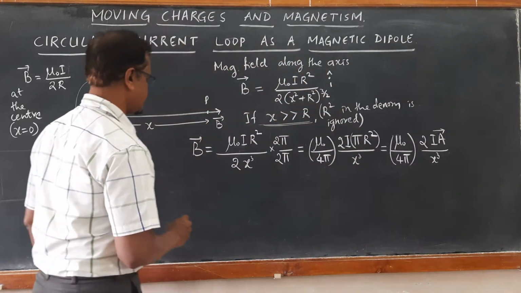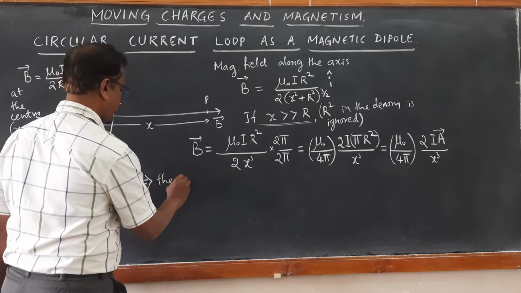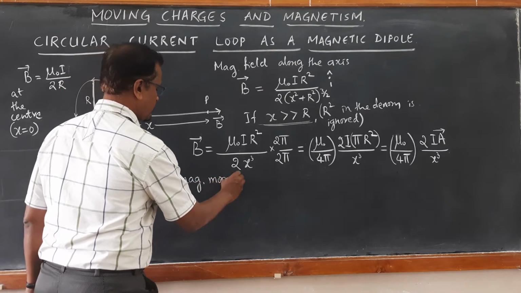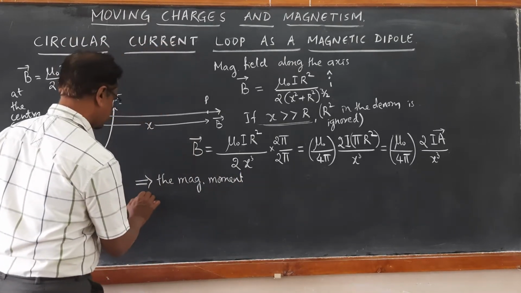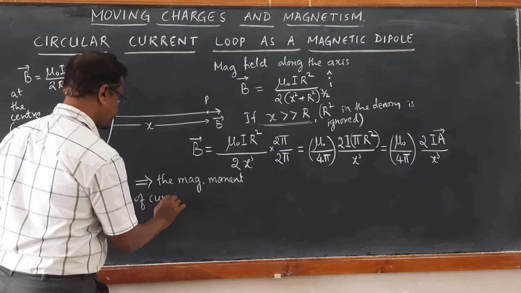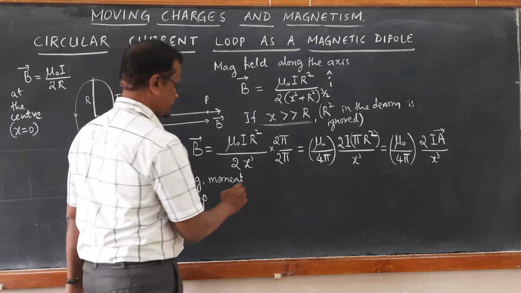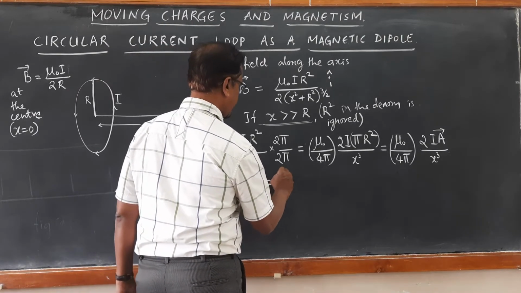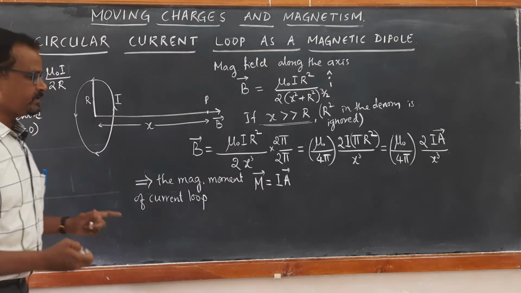This implies that the magnetic moment of the circular current loop is given by M equal to IA, where the circular loop has a single turn.